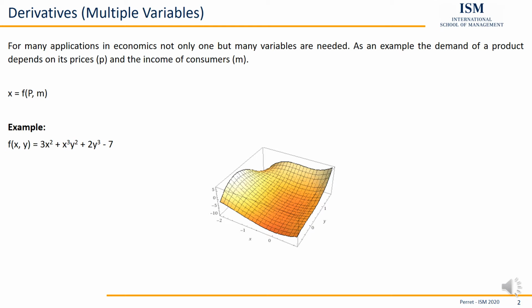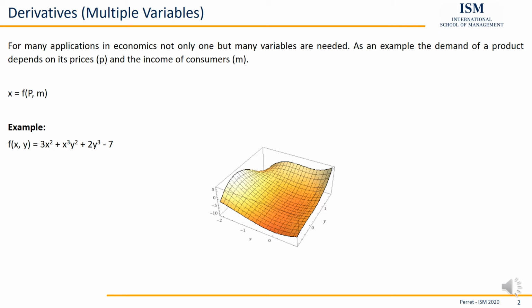Two axes, one for x and one for y, for our variables, and the third one, here the height, for the functional value. And that's why it's also problematic to illustrate functions with more than two variables. Here we can still draw a three-dimensional picture, but drawing four-dimensional pictures already becomes problematic.